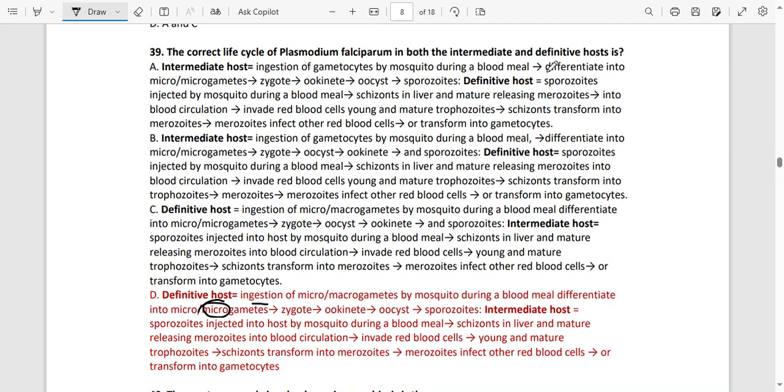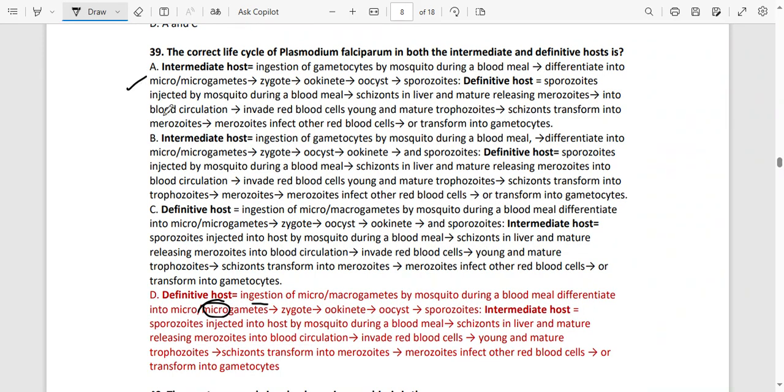Definitive host sporozoites injected by mosquito during blood meal, schizont in liver, mature and release merozoites into blood circulation, invade the red blood cells, young and mature trophozoites, schizont transform into merozoites, infect other red blood cells or transform into gametes.